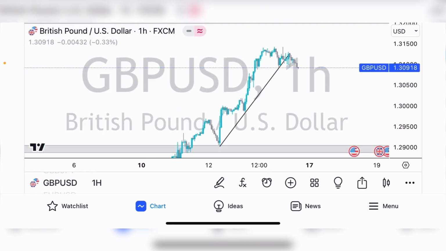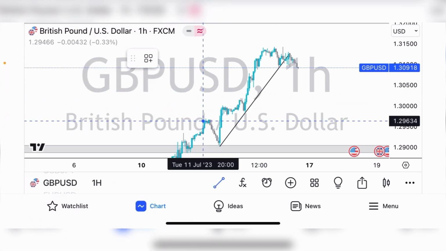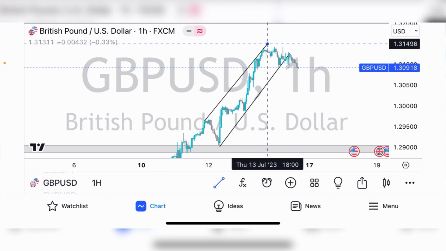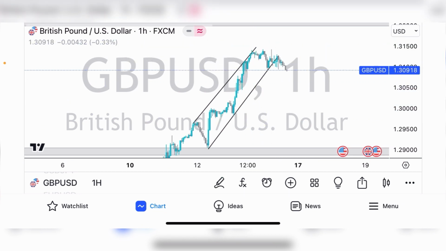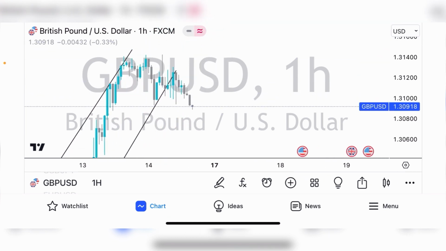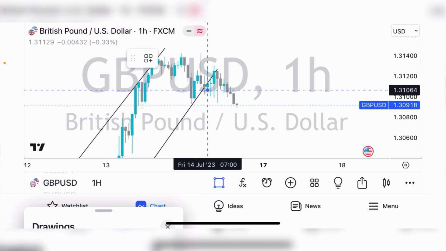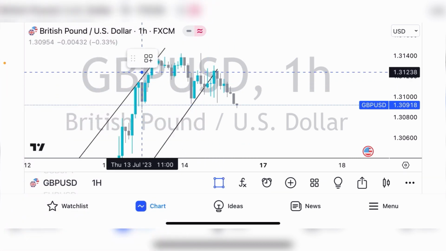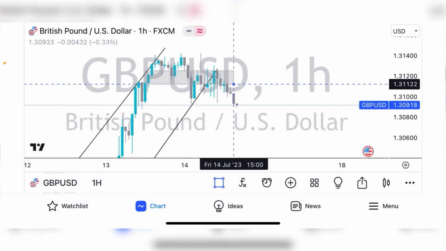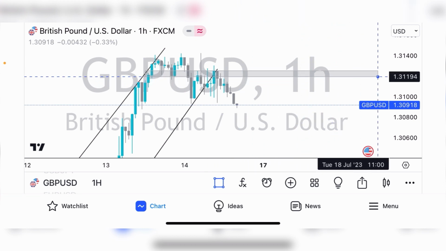Because now you can see clearly that the market made a breakout from this trend. We have a trend on the 1 hour time frame, and this trend got broken out of here.